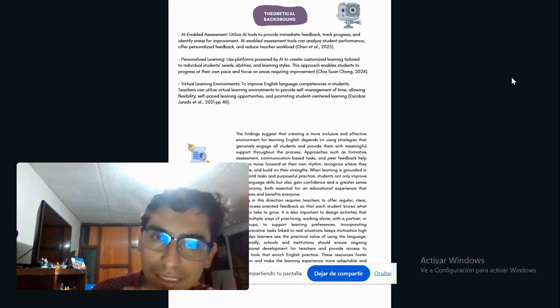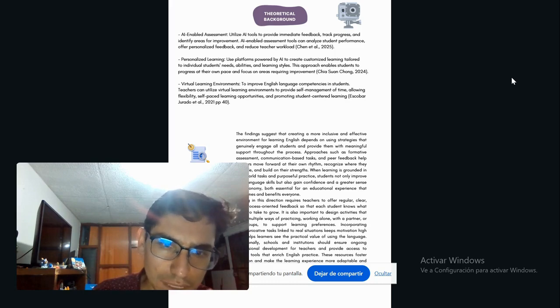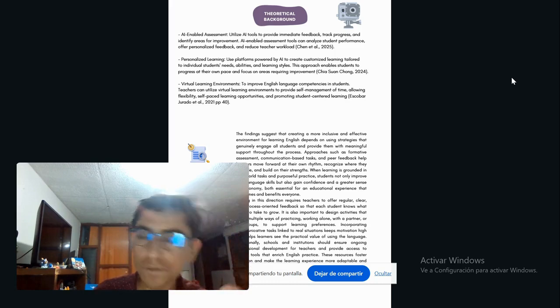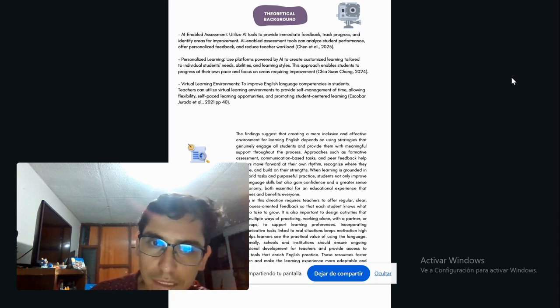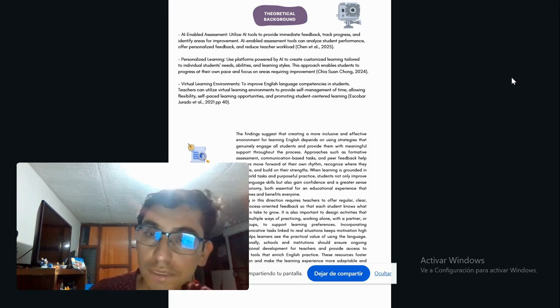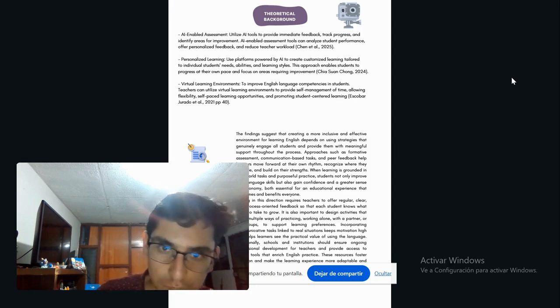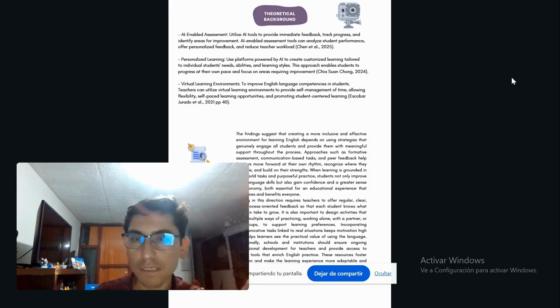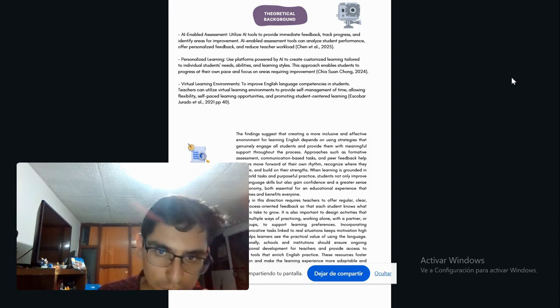It emphasized the importance of using synchronous and asynchronous spaces. It helps a lot the students to keep working even when the teachers aren't present, because it's not necessary to be connected directly with the teachers.